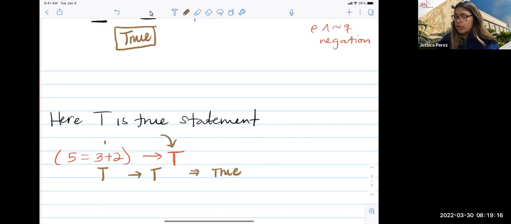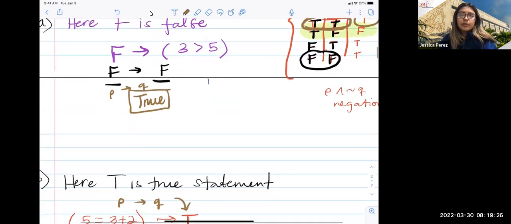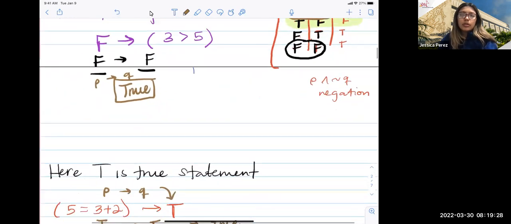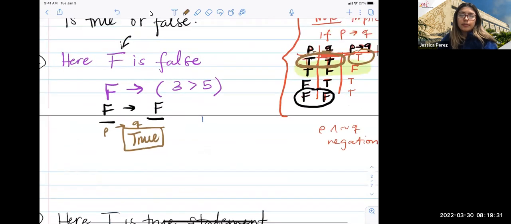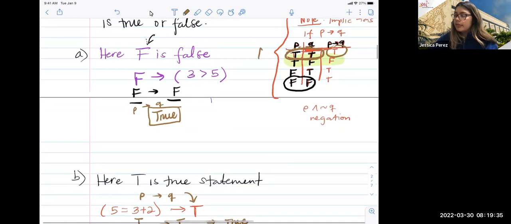Again, this is P implies Q. Okay. So here again, P implies Q, where P is F and Q is F. So 2 F's gives you a true, 2 T's gives you a true. Again, you want to make sure you have this available with you. You need to know how to do your truth tables.